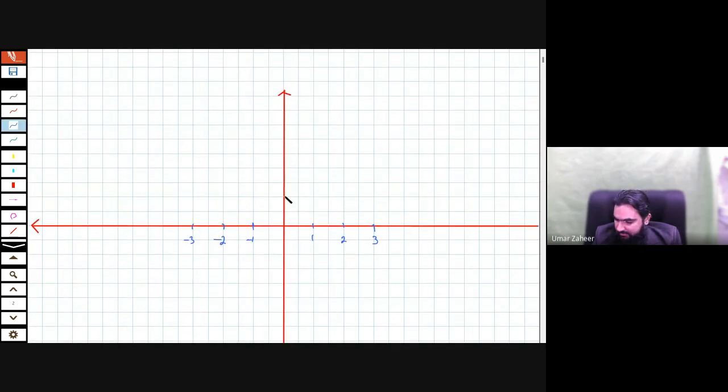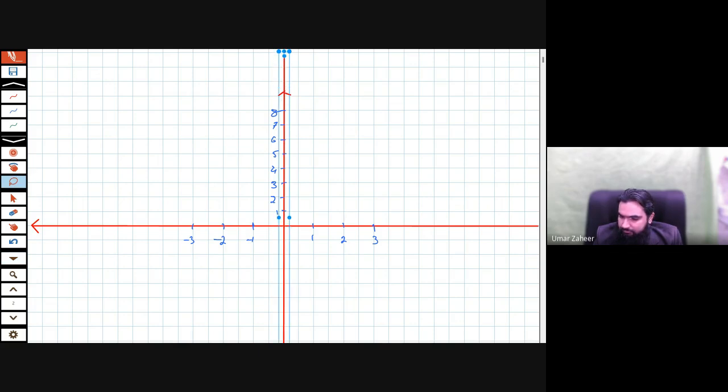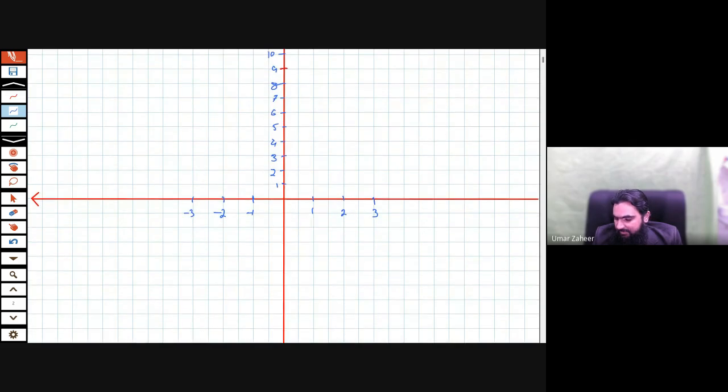So it's 1, 2, 3, 4, 5, 6, 7, 8, 9, and 10. And the negative values we have: minus 1, minus 2, minus 3, minus 4, minus 5, and minus 6.